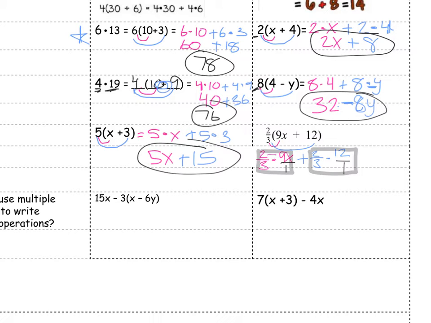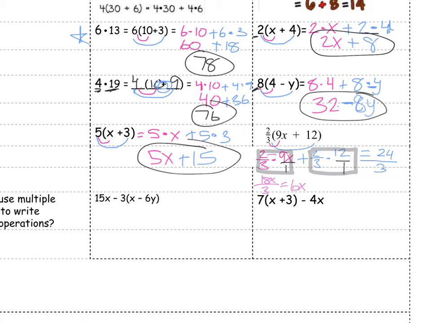So when we're just doing these, all we do is multiply across. So 2 times 9x is 18x divided by 3. So think about how that can be reduced. 18x divided by 3 can be reduced down to 6x. And then we have the 2 times 12, which is 24. 3 times 1 is 3.